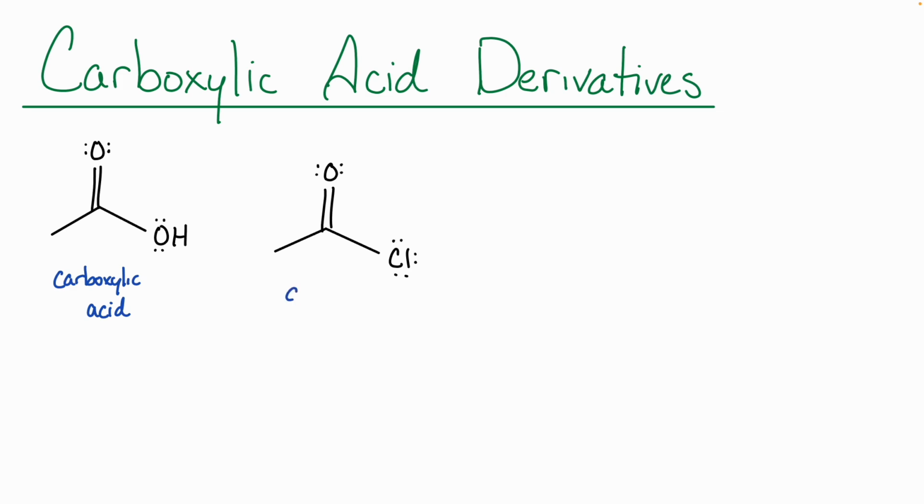These are what are called acyl halides. In this case, more specifically, an acyl chloride. You also hear these called acid halides, but that's not how I learned them, so I'm going to call them acyl halides.